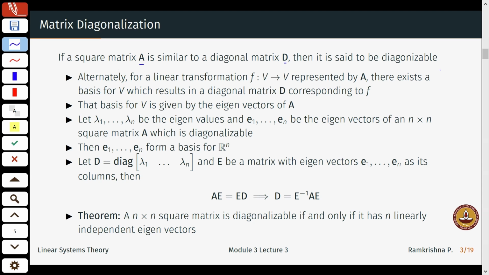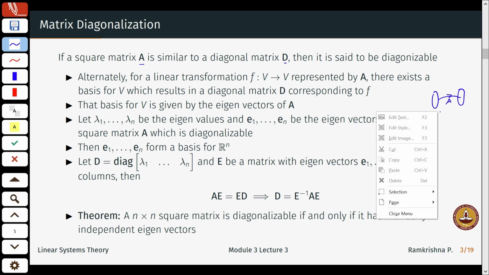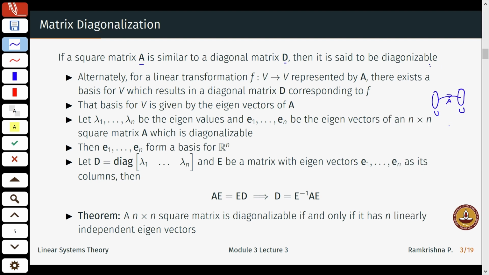We took two subspaces, and I have some transformation A from a subspace U to another subspace U. Then here I had another transformation again from U to U with, say, the matrix representation D. If this side has a coordinate representation x_a with its basis, and this has a coordinate representation x_b, and the transformation from coordinate representation x_a to x_b is given by the matrix P, this is given by P inverse.